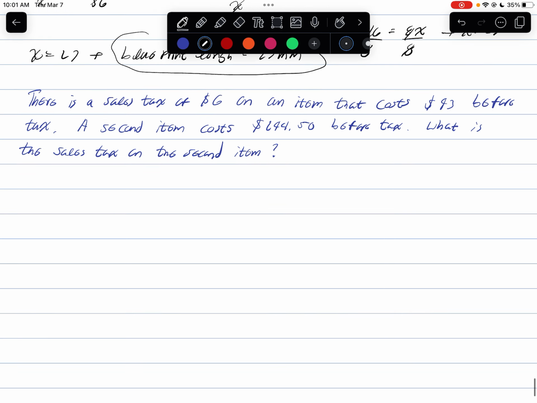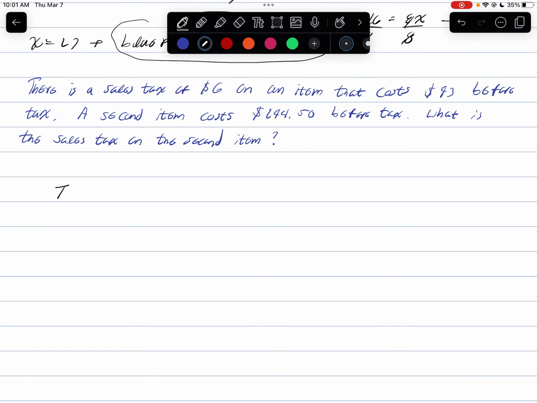So we start by noting that we have tax and pre-tax cost. That's our ratio here. So we have $6 on a $93 item, and this is going to be equal to the second item, which costs $294.50.